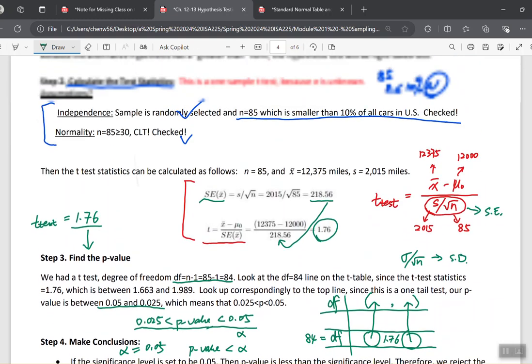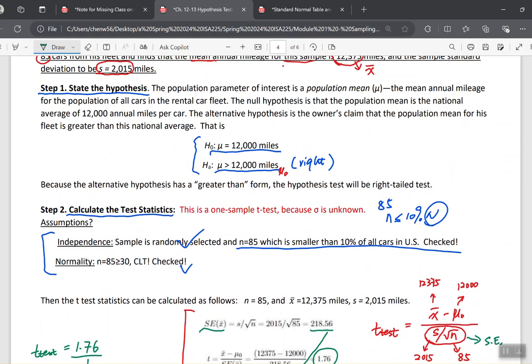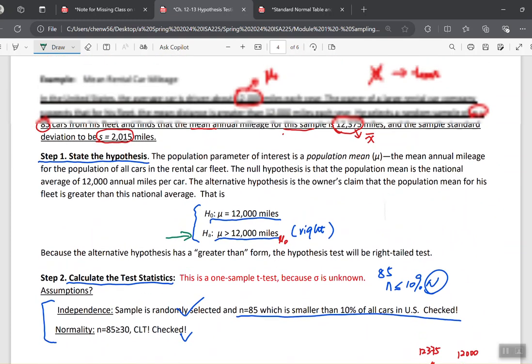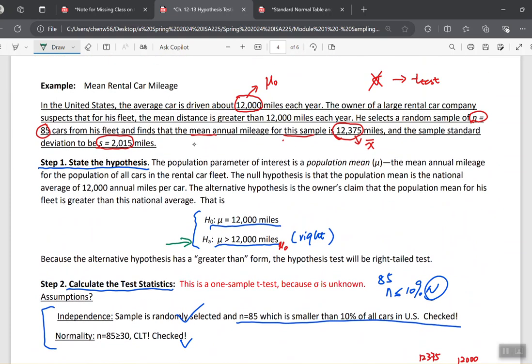So then we need to come back to our step one. What is your alternative hypothesis? That means mu larger than 12,000 miles, right? Again, a non-statistical person will never understand what a mu is, right? So what is mu here? The mu is the population mean distance, right?